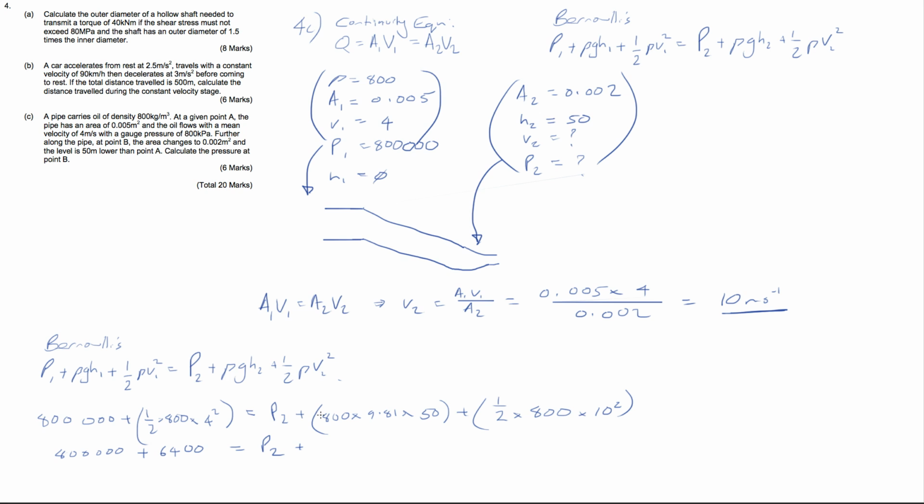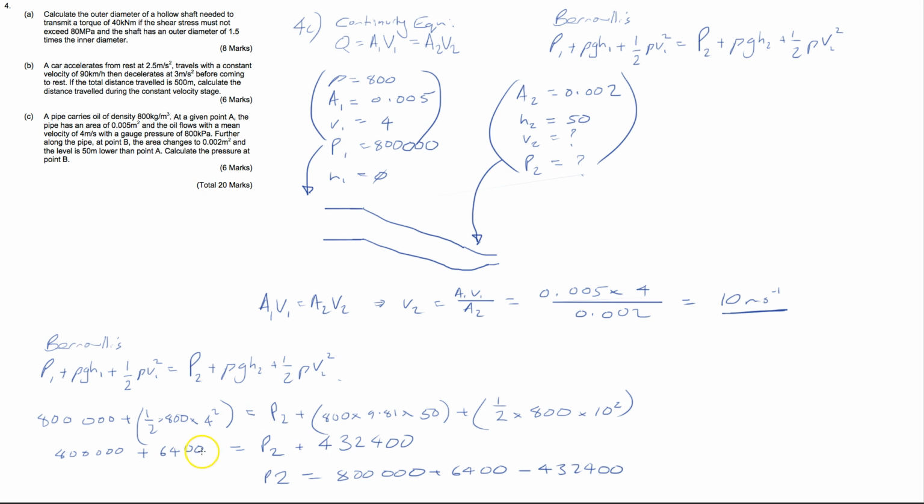So 800 times 9.81 times 50, add half times 800 times 100, is 432,400. So P2 is going to equal 800,000 plus 6,400 minus 432,400.